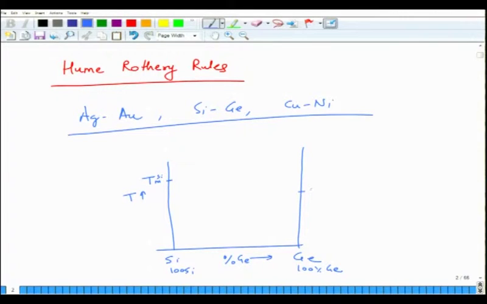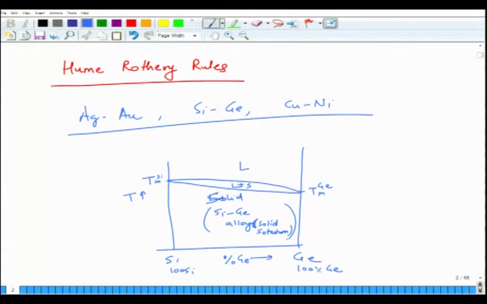This is the germanium melting point, Tm germanium, and what they form is a structure that is the same throughout. This is a silicon germanium alloy which is a solid solution. It is a disordered solid solution, not an ordered one. At this temperature it is liquid, between these lines it is liquid plus solid, and below it is only solid, and this solid is the solid solution.